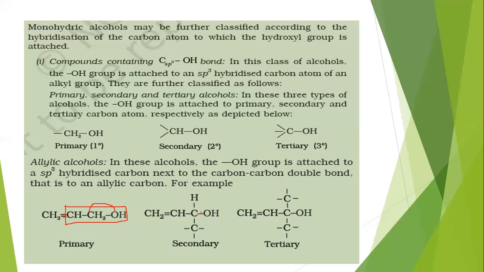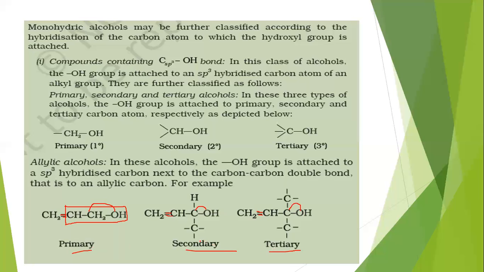Now see in this example, OH is bonded to this carbon, and which is bonded to a carbon-carbon double bonded carbon. Okay, so this is an allylic carbon. Here in this example, OH is bonded to the carbon which is bonded to an allylic carbon. Next to it, a double bonded carbon is present. And this is primary, this is secondary, and this is tertiary.